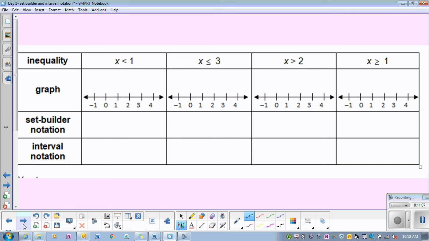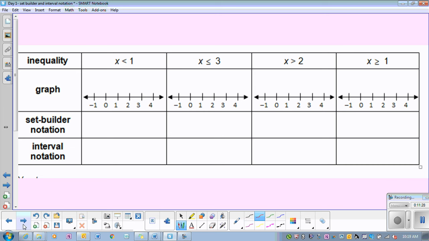Let's try some more. Let's try the first one together. Easiest thing to do here is start at the number. X is what? What is this inequality? Less than. Good.